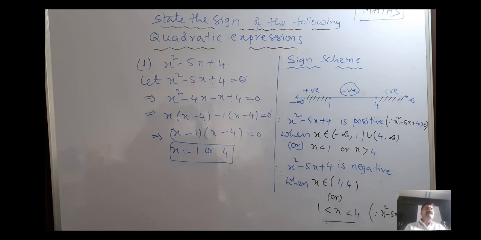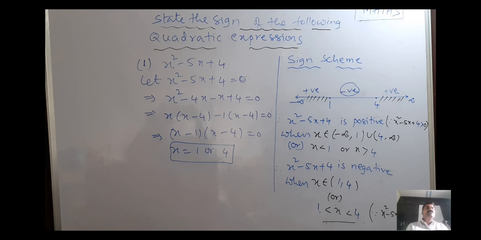From the right side, that is from plus infinity, you can mark positive, negative, positive. Alternately, you need to write positive, negative, positive. In between 1 comma 4, clearly it shows us negative.